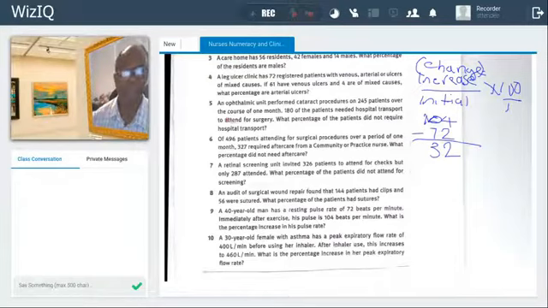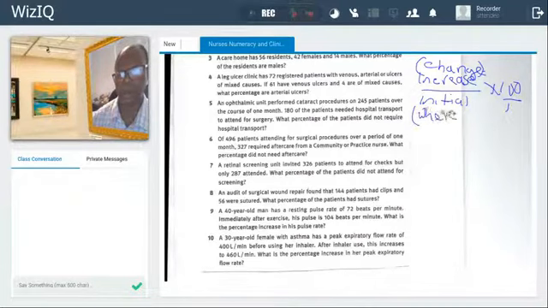Once we've got that number, then everything becomes easier. So we're going to have initial, which is where we started from. That's another way of looking at it.